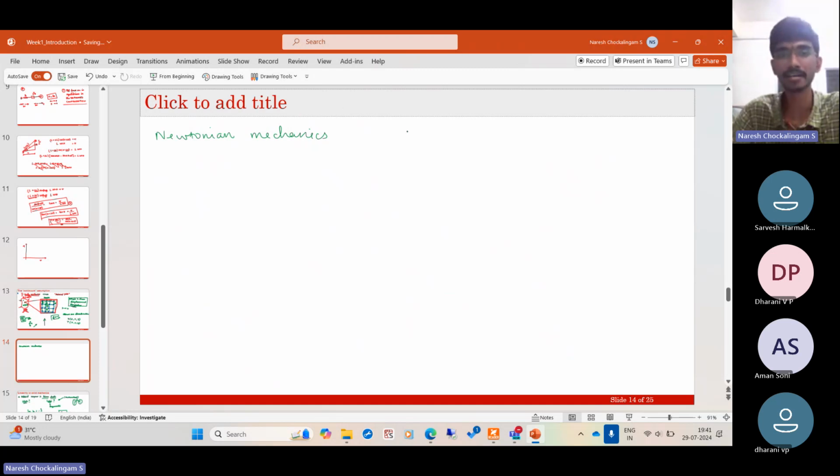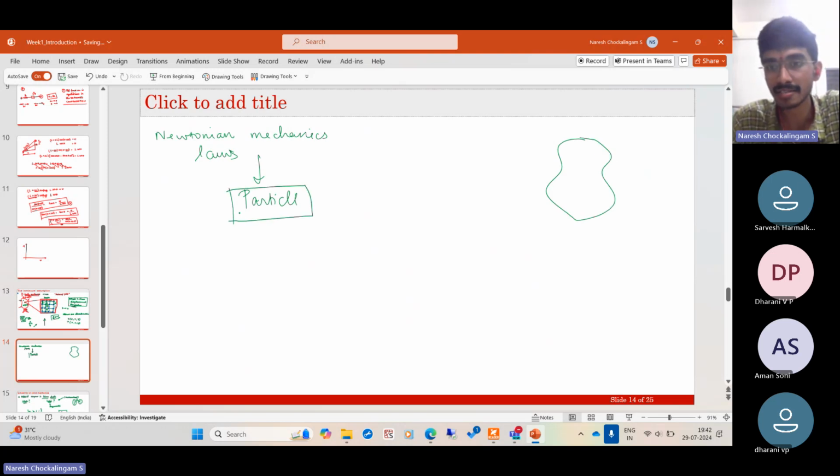So it's for a particle, and we are dealing with deformable solids. You cannot directly apply it to a deformable solid. Newton's laws of motion are written for a particle, but physical systems are all extended bodies.